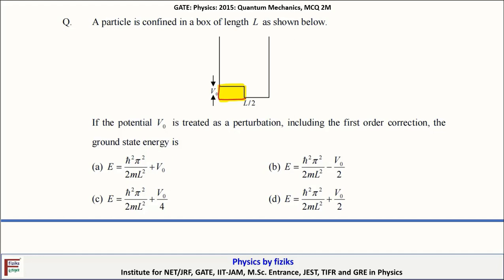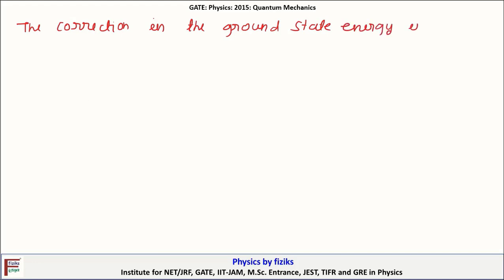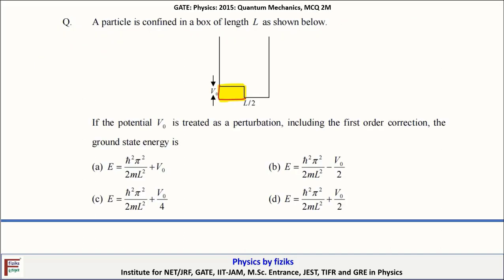Now, the correction in the ground state energy is given by the shaded area, that is this area.